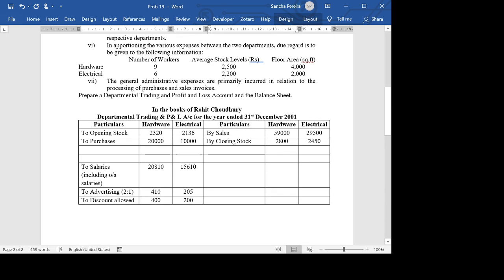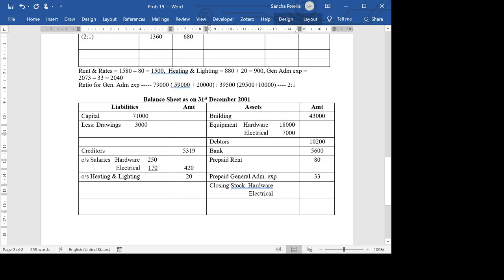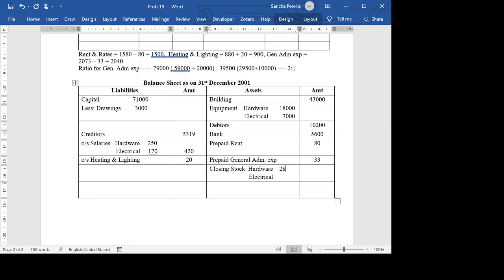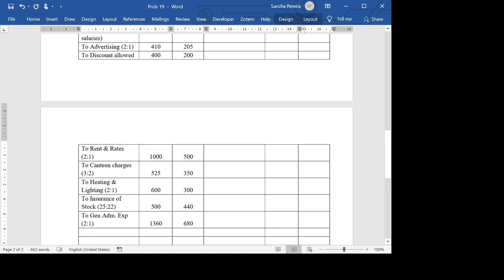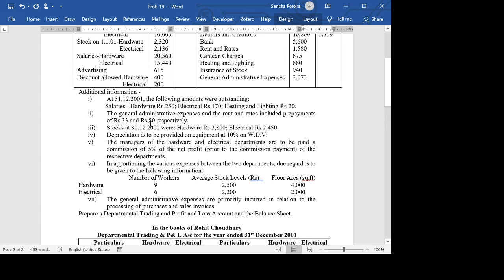Hardware, it is 2,800 and 2,450. So the total here comes to 5,250. So that's done. That adjustment is done.